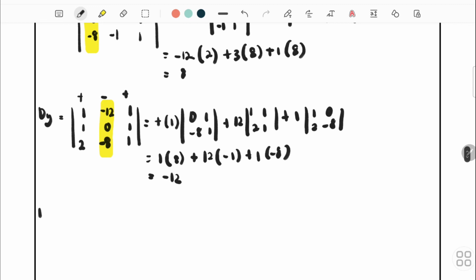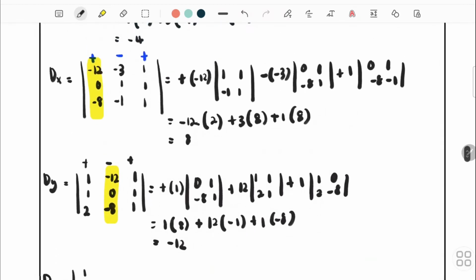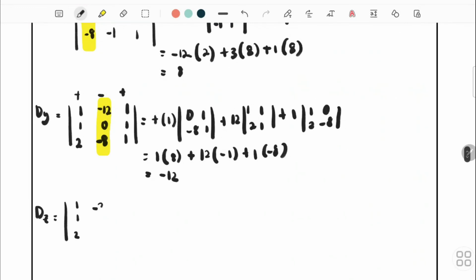Right, so then we're going to proceed with D sub Z. So D sub Z is 1, 1, 2. The second column is the same as matrix A, which is negative 3, 1, negative 1, but different with the third column that needs to be replaced by the matrix B, which is negative 12, 0, negative 8. So we're going to proceed with finding its determinant.